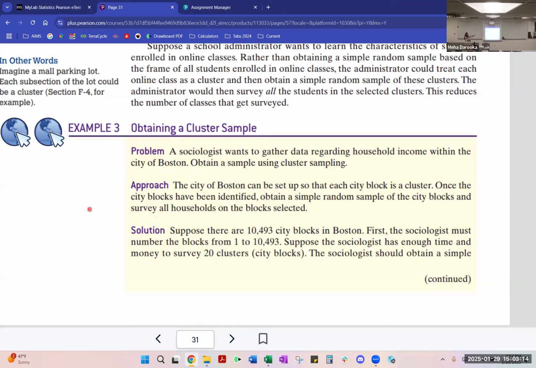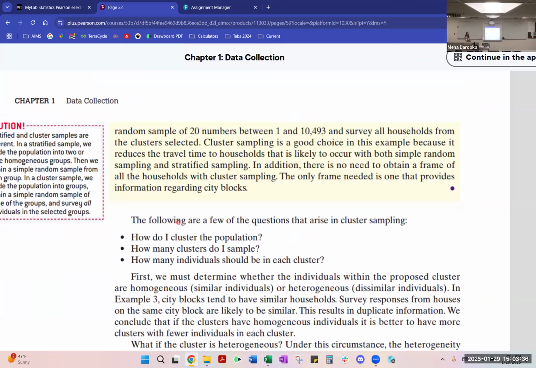So you would randomly select 20 numbers from 1 to 10,493, and those are your 20 blocks. That also means from each block, you are talking to every individual within that block, because that's how cluster sampling works. So the sociologist should obtain a simple random sample of 20 numbers and then go to all the households within those clusters.